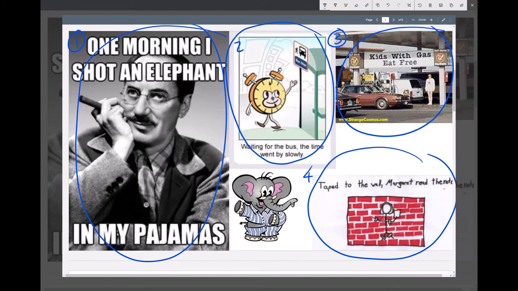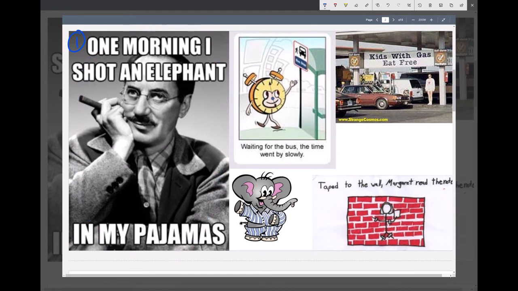Let's start with sentence 1. One morning, this man, apparently, shot an elephant. Now, the modifier here is "in my pajamas," because it adds detail to the sentence. The subject here is I, and then shot is the verb, and then an elephant is the object.